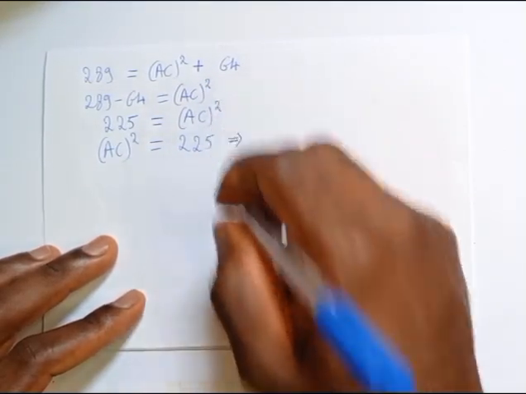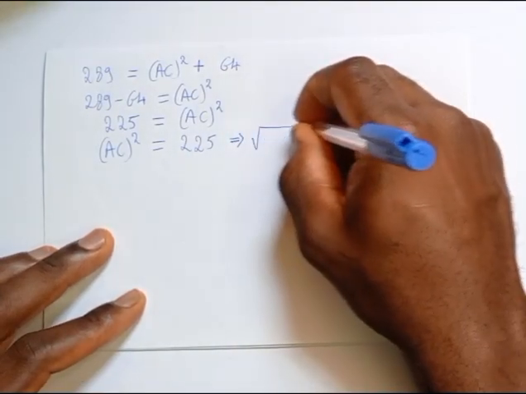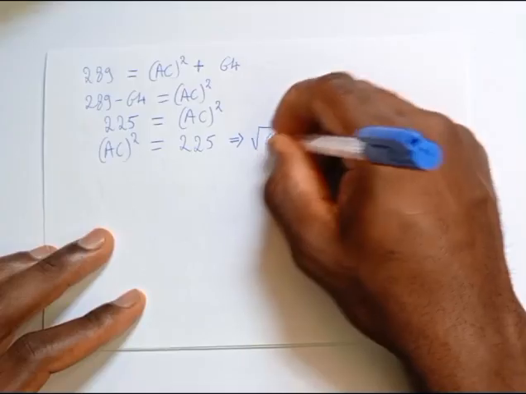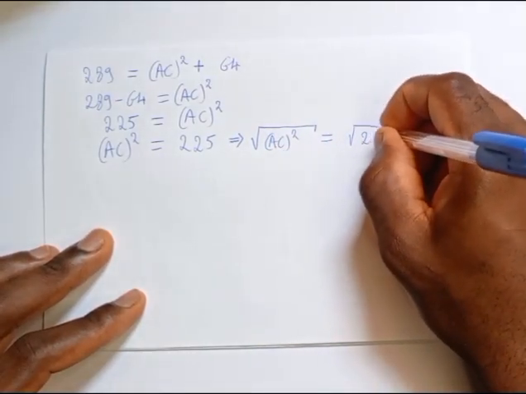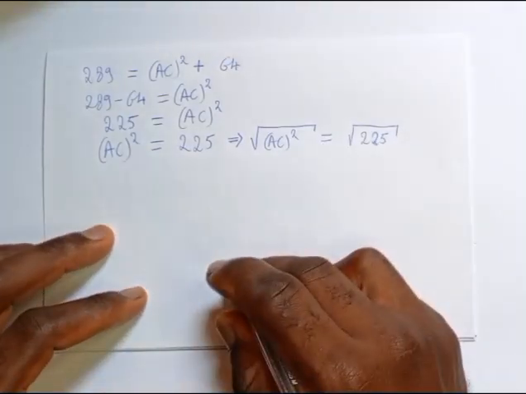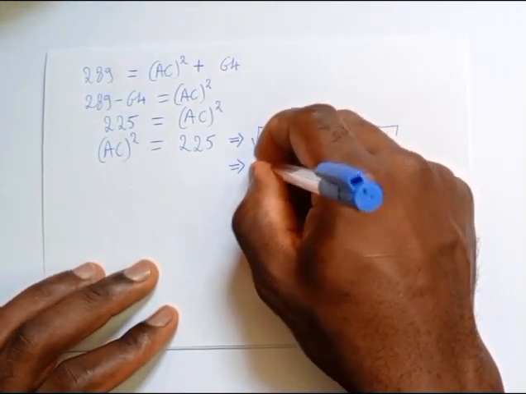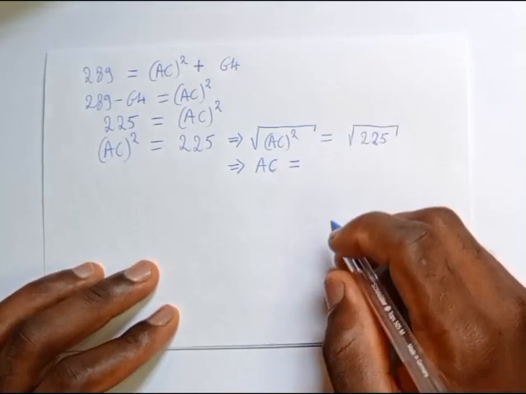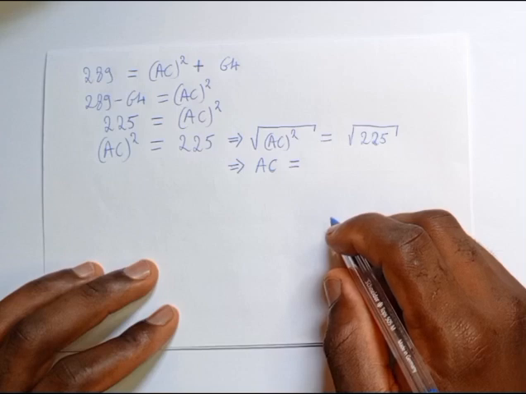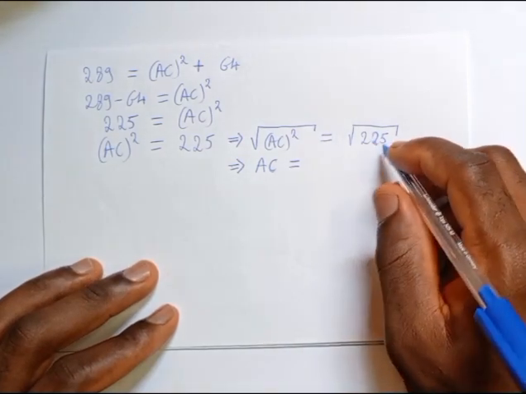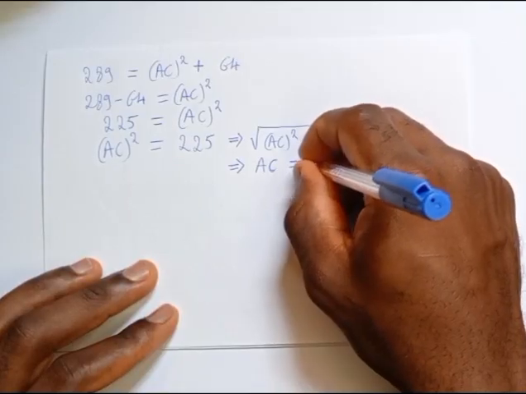Then we are looking for AC. We're going to take square root on both sides. This will give us AC to be equal to, we are going to take only the positive square root since distance cannot be negative. And the positive square root of 225 is 15. This is our AC.